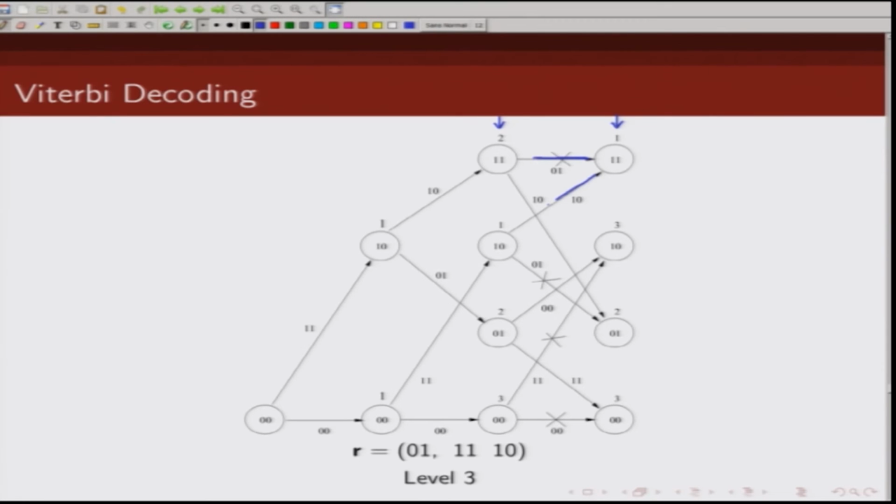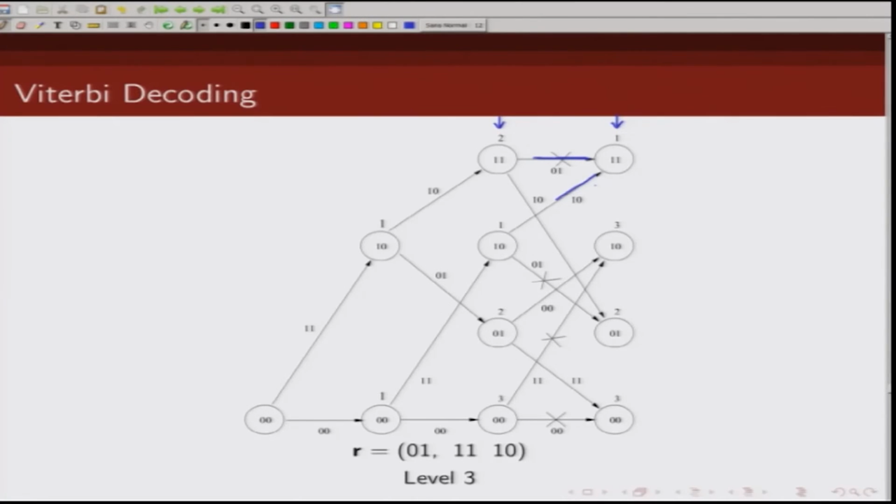So, we are going to choose which one of these two gives us a better path metric, and then we are going to choose that path as our surviving path, and we are going to delete the path which does not give us the best metric, and we will also store the best path metric corresponding to that particular transition. So, we are looking at this time instance, this trellis section, we are looking here. So, what was the receive sequence? Here it was 1 0.